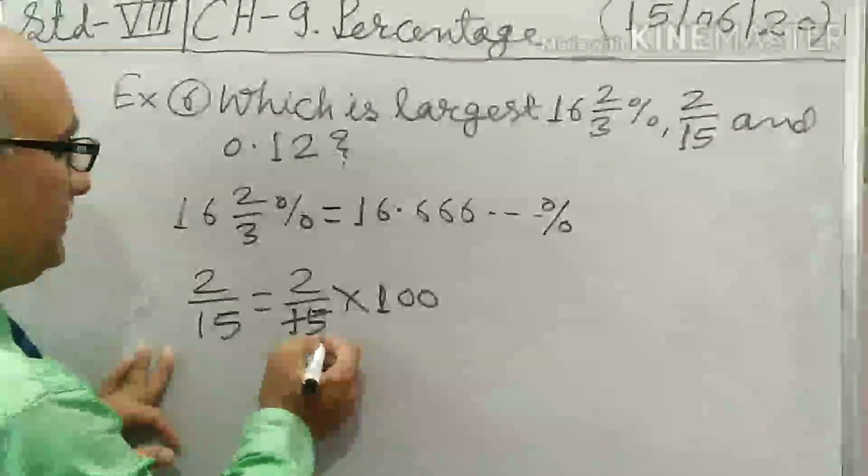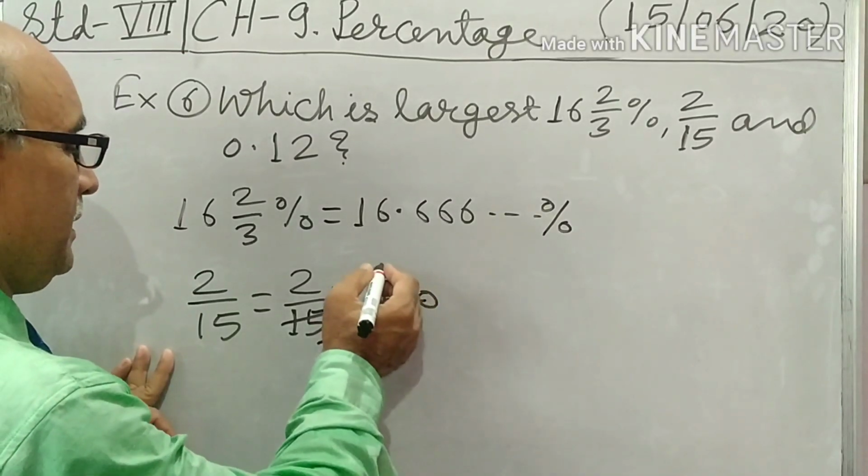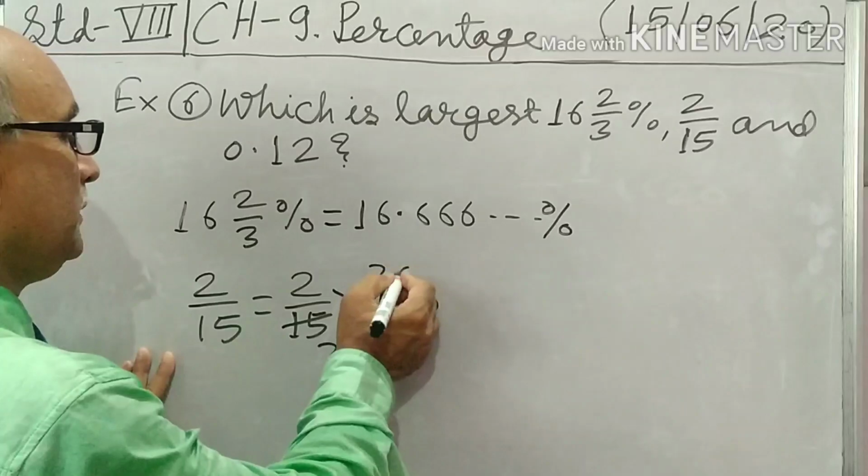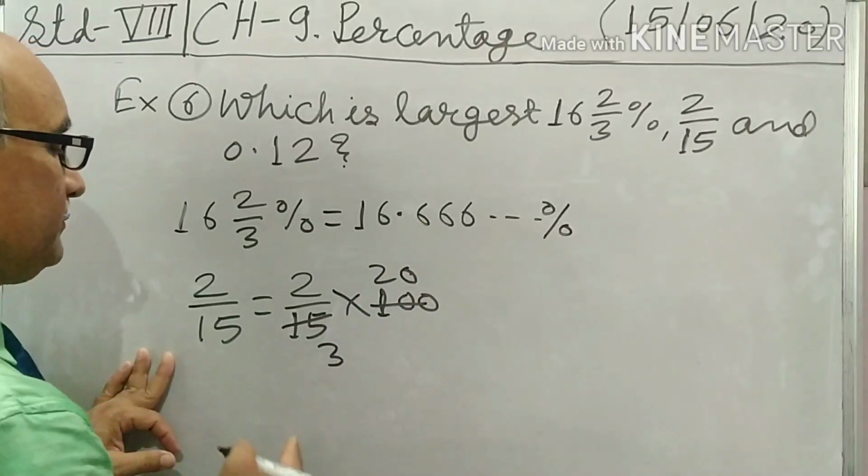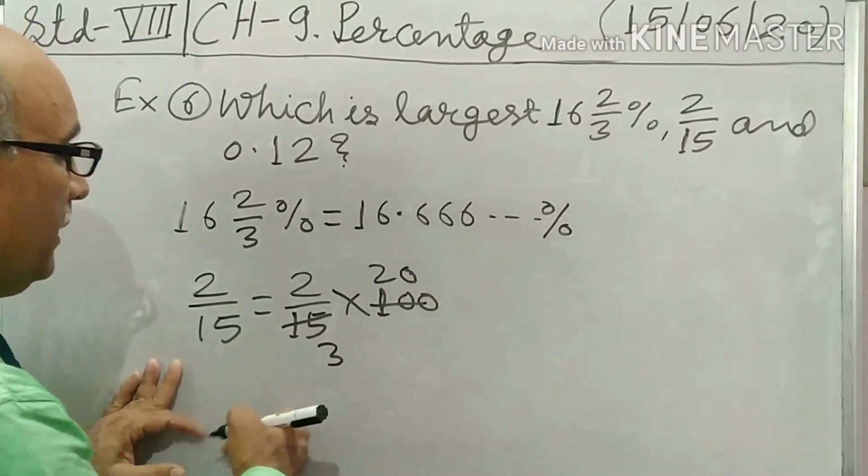5 threes are 15, and 20. 5 fives are 25, 100.